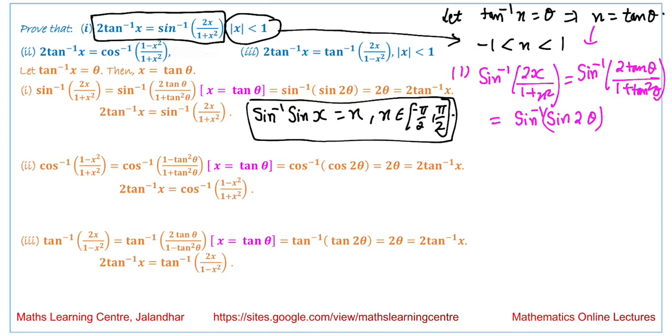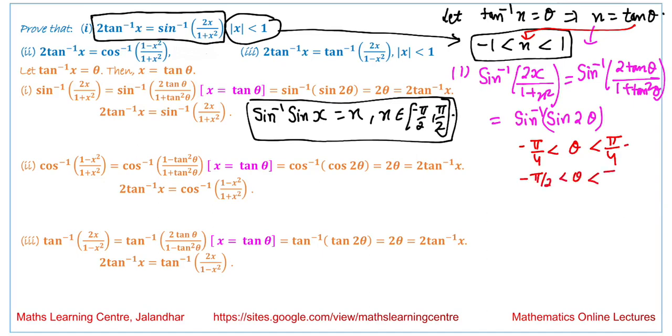Now over here the value of x lies between minus 1 and 1. So in place of x we can write tan theta, and we get that minus pi by 4 is less than theta is less than pi by 4. So this implies that minus pi by 2 is less than 2 theta is less than pi by 2.